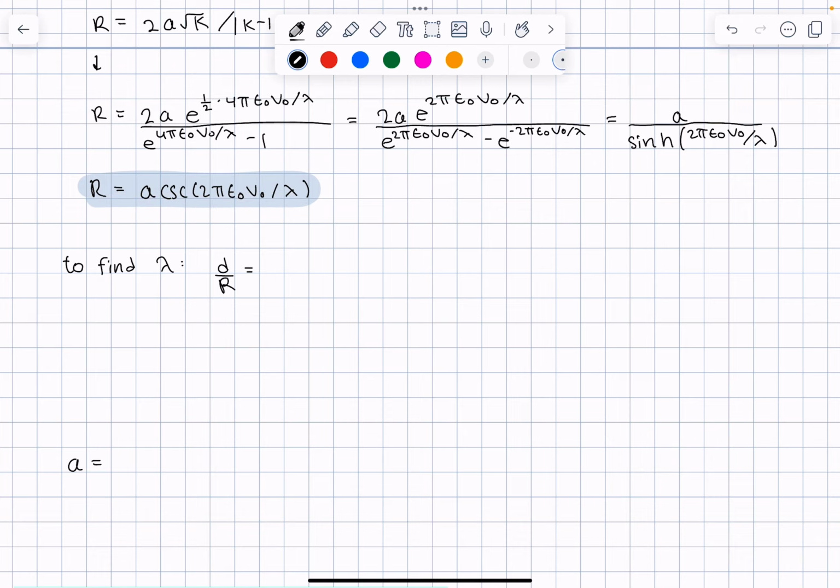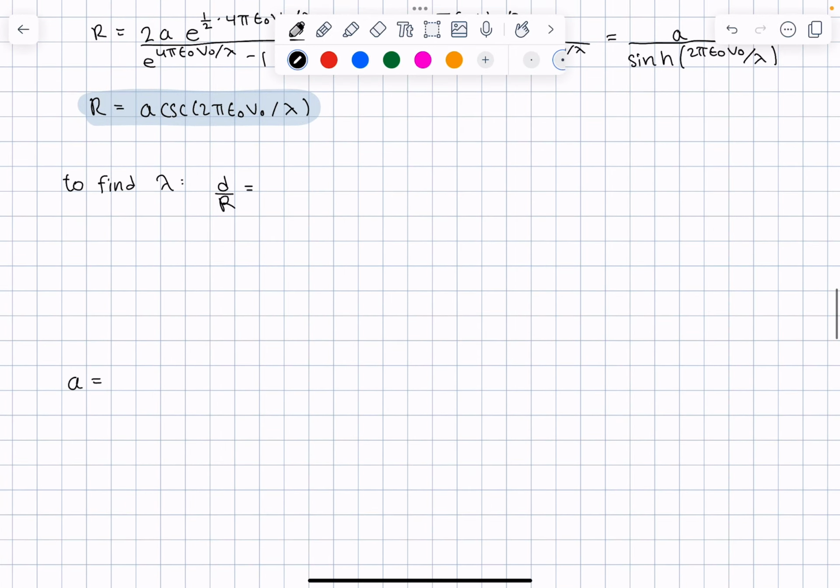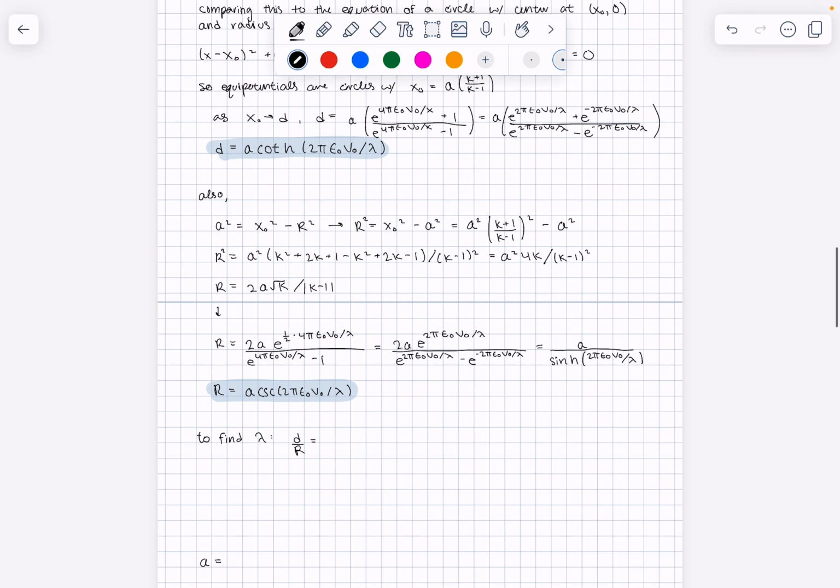All right. Now to find lambda, we can simply take our d and our r that we found and divide them by each other.